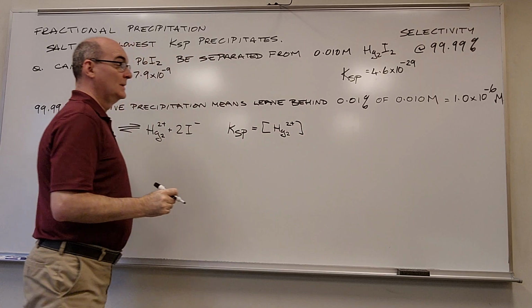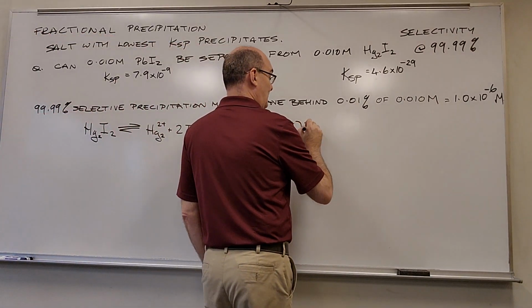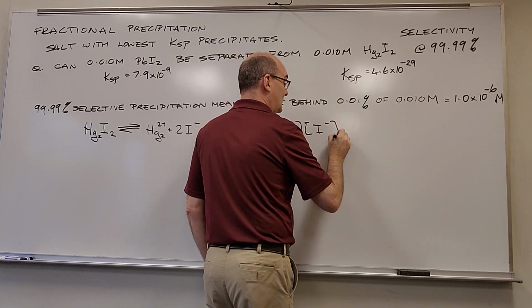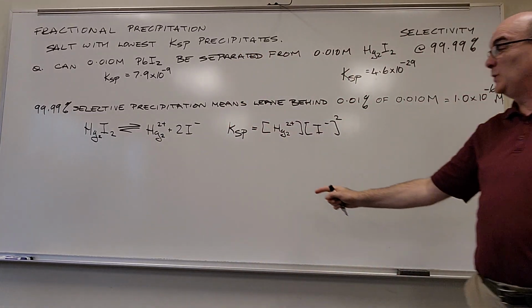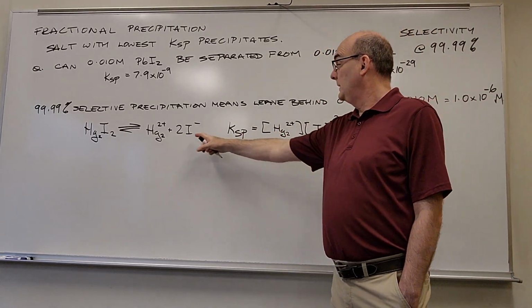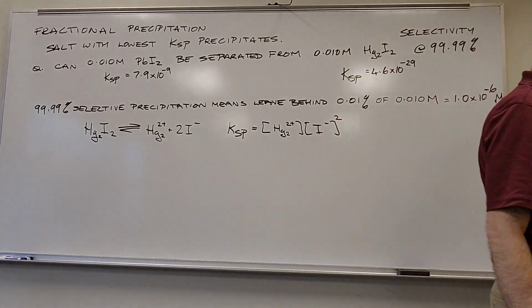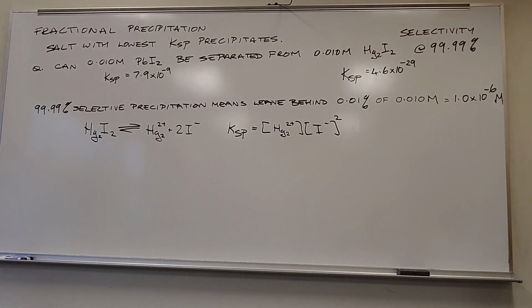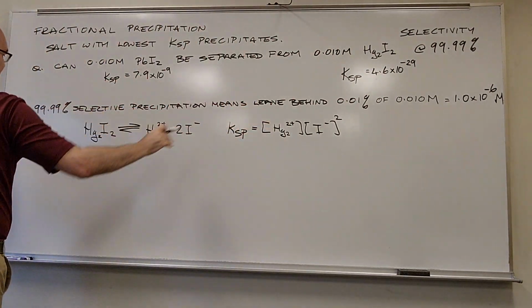So that gets to be one thing. And the iodide gets to be raised to the power of 2 because it was 2 things. We always raise the concentrations to the power of the coefficients in the balanced equation. That's what we know.